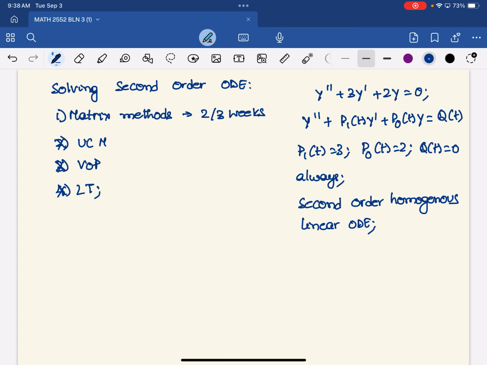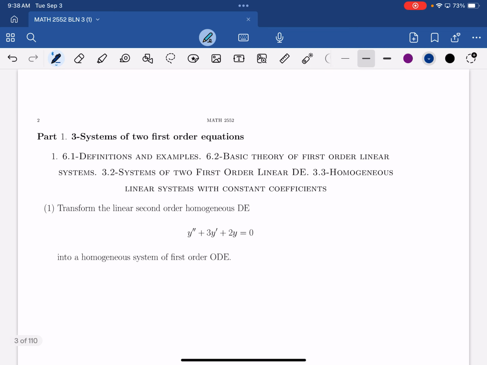So how would we go about matrix methods? What did we study in the last 2 weeks? We studied first order differential equations. So the question is, can I convert this into a first order differential equation? It's very natural. I have an unknown problem. Can I translate it into a known problem?